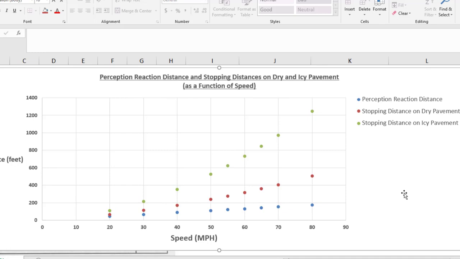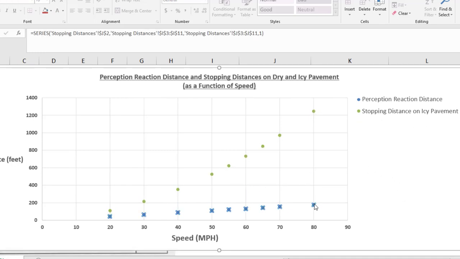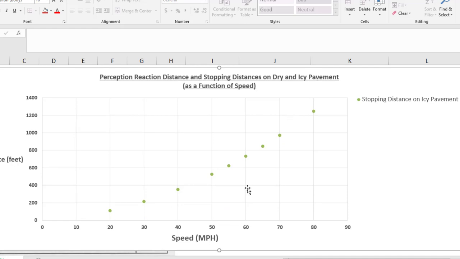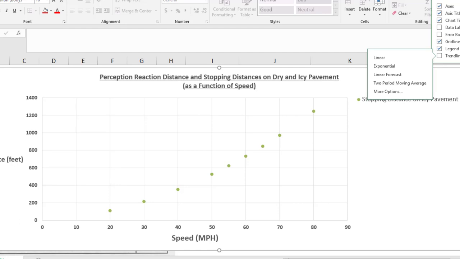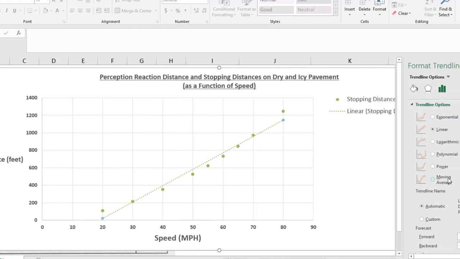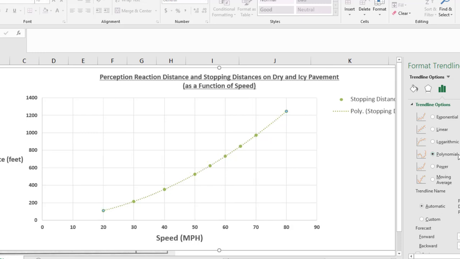There they are right there. And if we look at just the icy pavement, we can do the exact same thing with the trend line. You'll notice that if you go to more options and throw the linear model on there, once again, it's not correct. Polynomial order 2 looks fantastic.